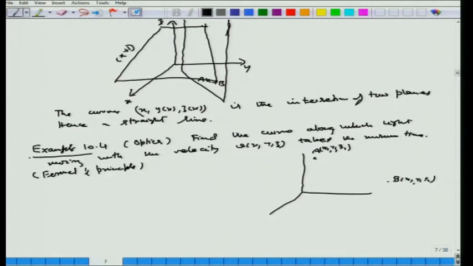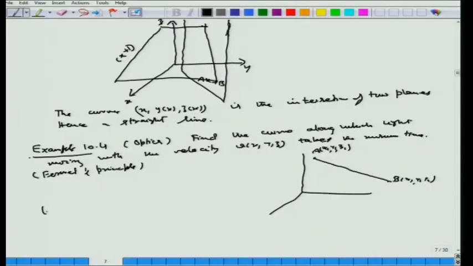So, the time taken by this light ray, which is moving with the velocity v, a function of x, y, z, is the least. So, we know that the time taken will be a function of y, z, and it will be the integral from x 1 to x 2 of ds over the velocity v of x, y, z.